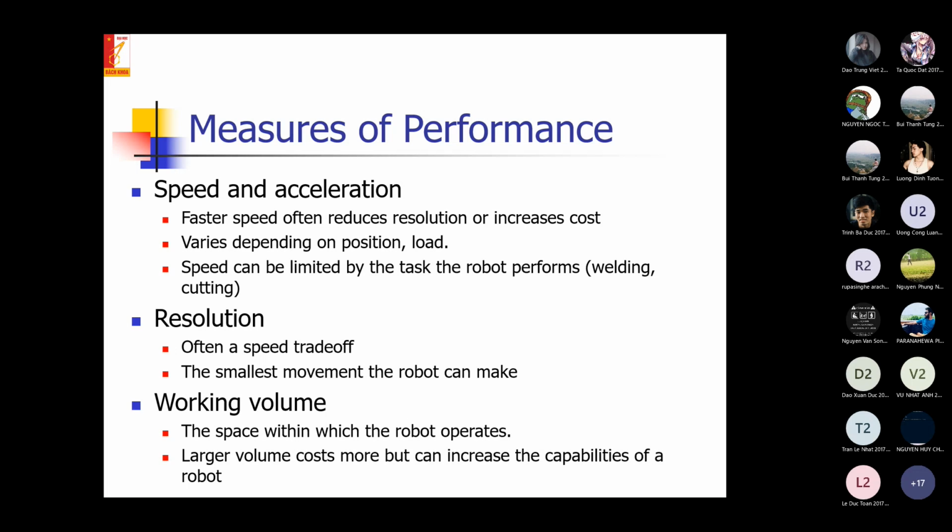And the speed also will be limited according to the task the robot performs. For example, maybe it's only moving without load, of course different with load. And the welding, of course, is different from the cutting task.